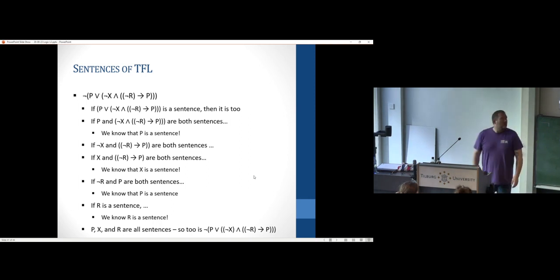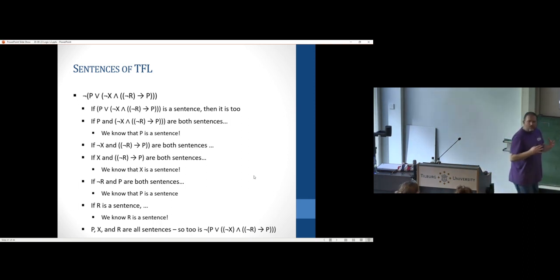Yeah. And now again, let me stress why it's so important that we get this right. The tool we're going to use for evaluation, that's going to determine when TFL sentences, the complex ones, are true and false, is going to work by flipping on and off atoms. So we're going to assign truth values to the atoms.